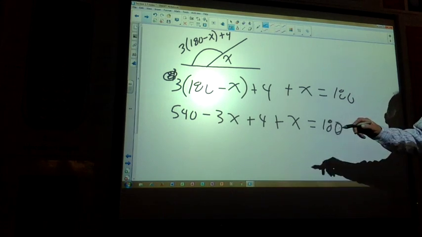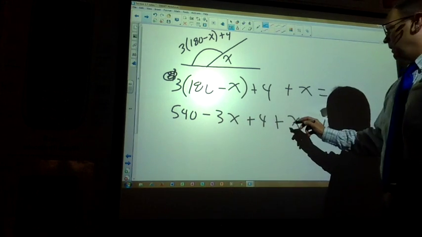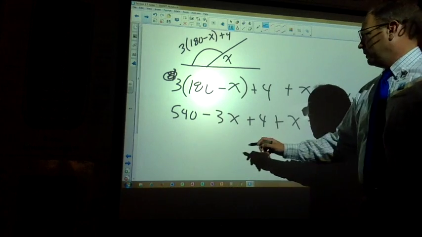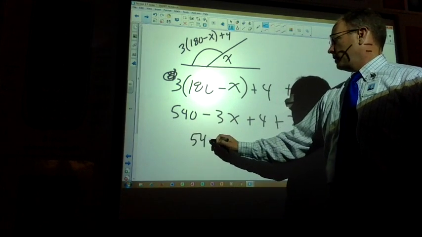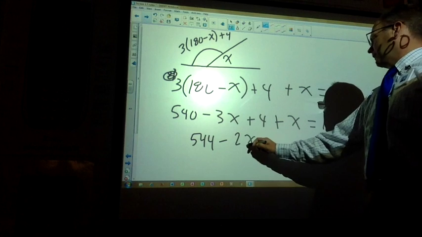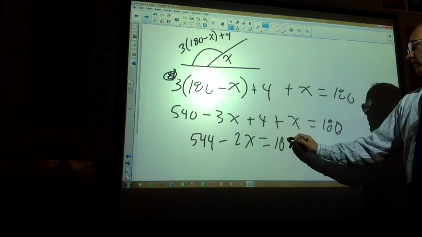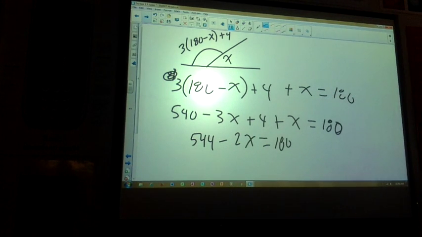All right. So let's work this out. That's going to be 544 minus 2x is equal to 180. How do I solve that now? Or is anyone stuck on that? So what is 180 minus 544?